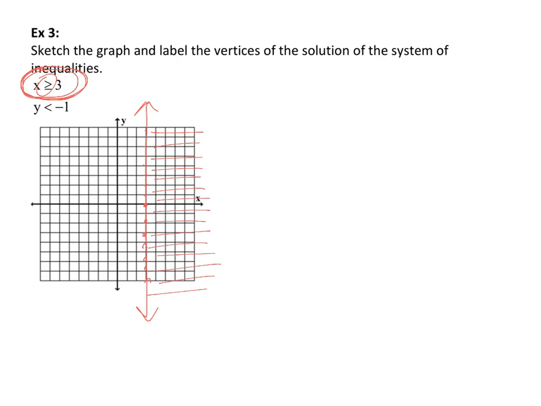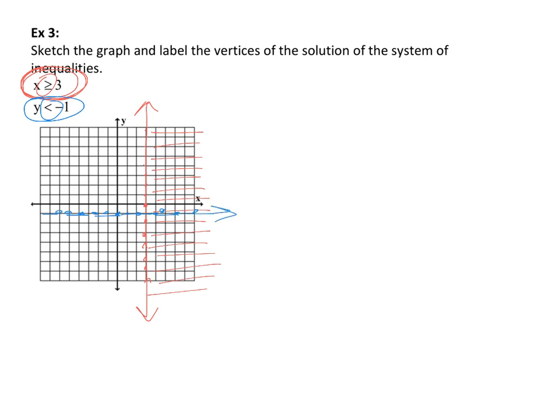Now let's work with the y. Where are all the y values negative 1? Starts here and continues across. Is the line solid or dashed? There's no equal sign, so it's a dashed line.